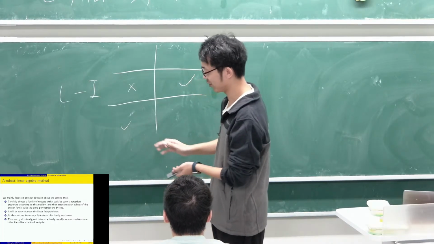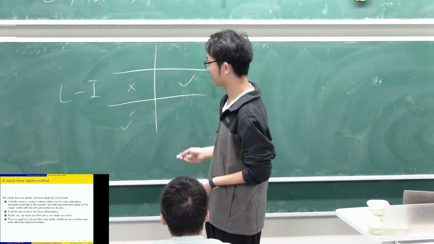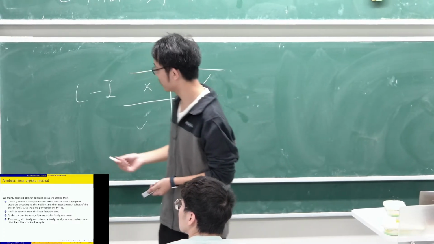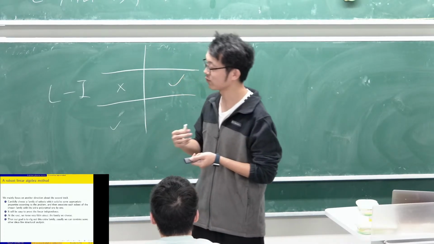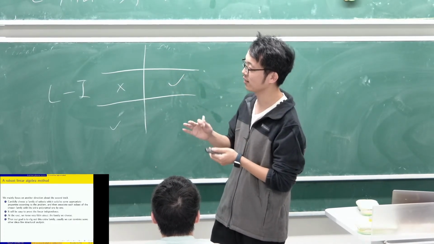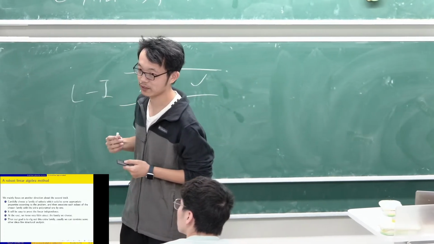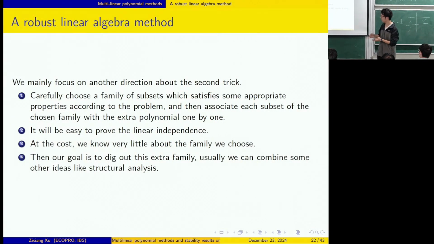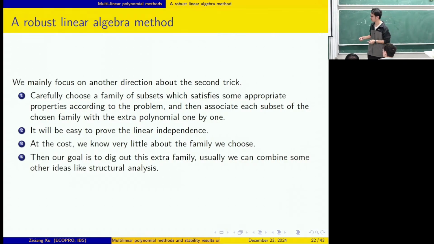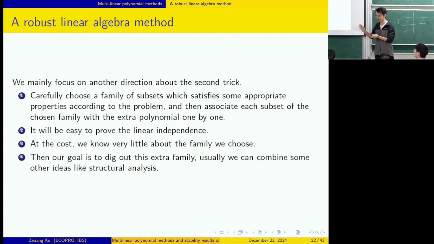But in our model, we do not completely know the structure of the extra family. So our goal is to dig out further information about the extra family. Usually we need to combine some structure analysis. So in some sense we can use the linear algebra method more flexibly.